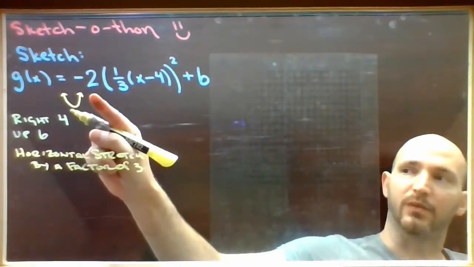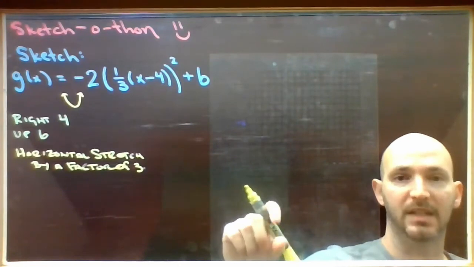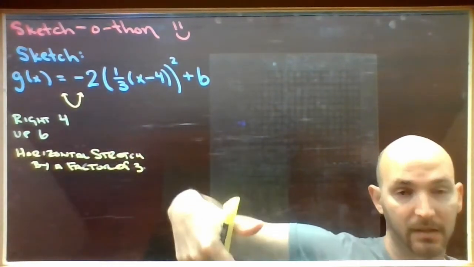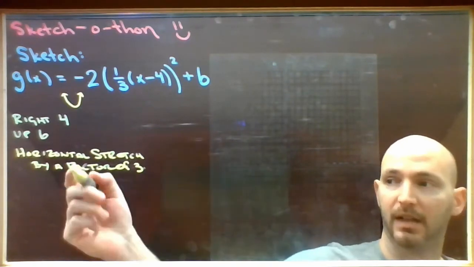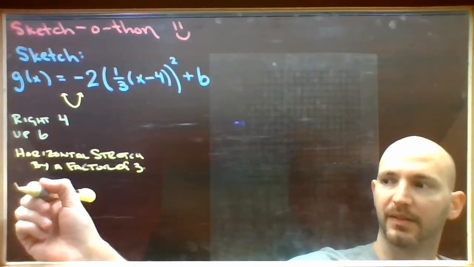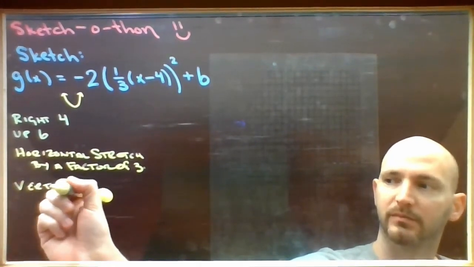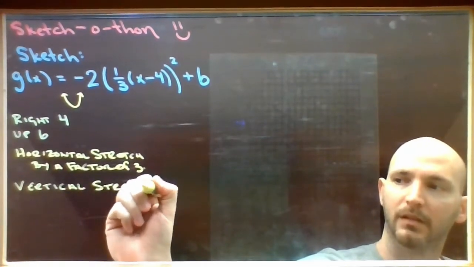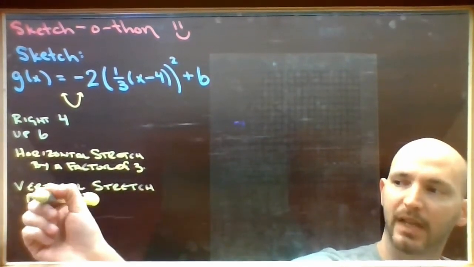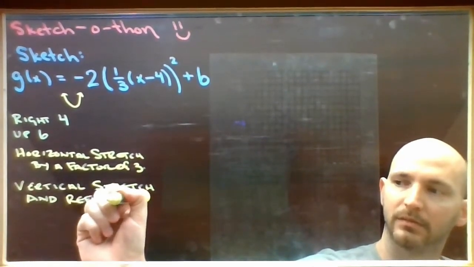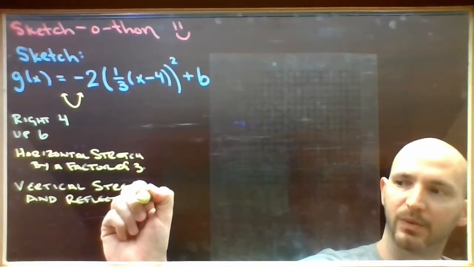And this 2 in front means that the heights will be doubled. The negative is telling you that it's been flipped across the axis, reflected. So this is a vertical stretch and reflection by 2.